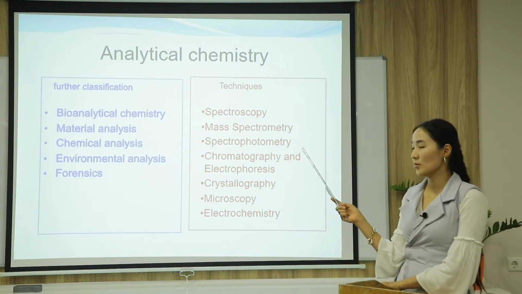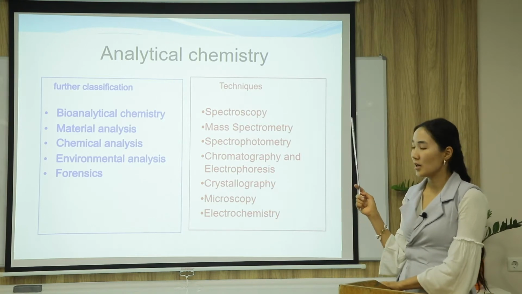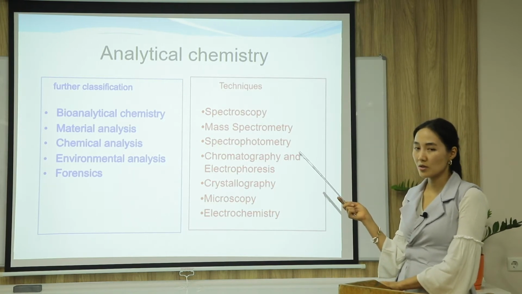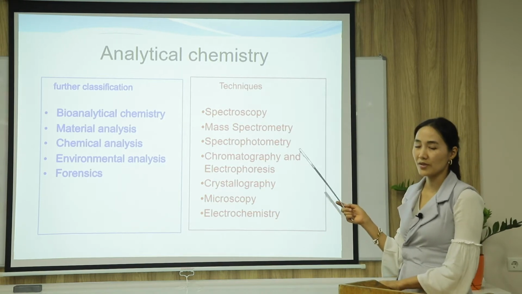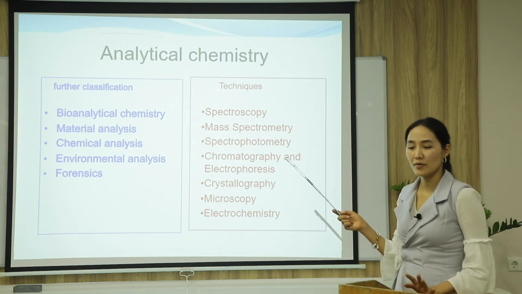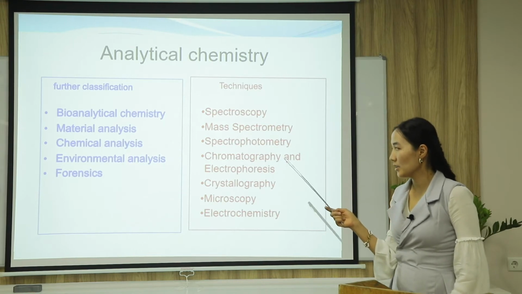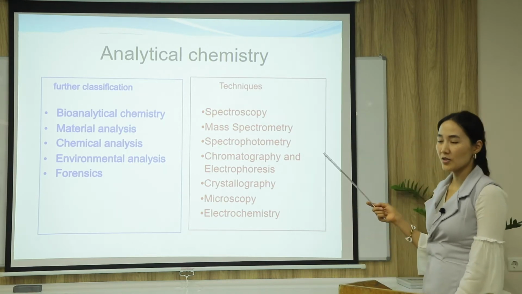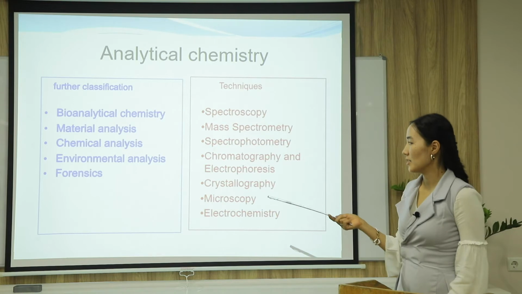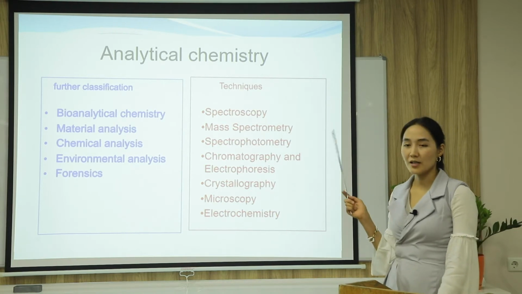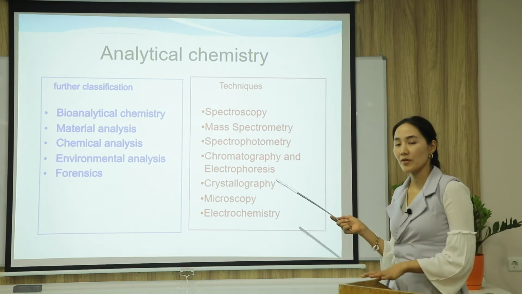In bioanalytical chemistry we are working, like in colloidal chemistry, with analytical systems, including biological systems. In material analysis, we are working with different types of materials, solids, for example gels or oils or others. In chemical analysis, we are making chromatography analysis or spectroscopy. And in environmental analysis, we do research on different types of environmental samples.